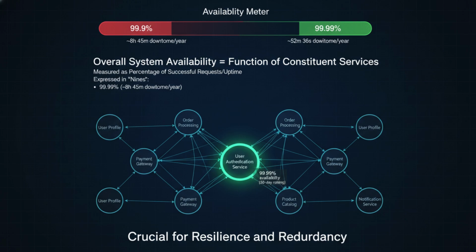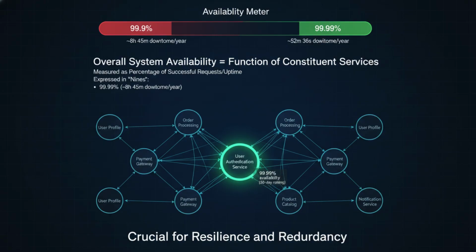While 99.9% availability translates to approximately 8 hours and 45 minutes of downtime per year, 99.99% reduces that to just 52 minutes and 36 seconds. For a user authentication service, an SLI might be 99.99% availability over a 30-day rolling window. Achieving higher nines requires significant engineering effort and robust redundancy.